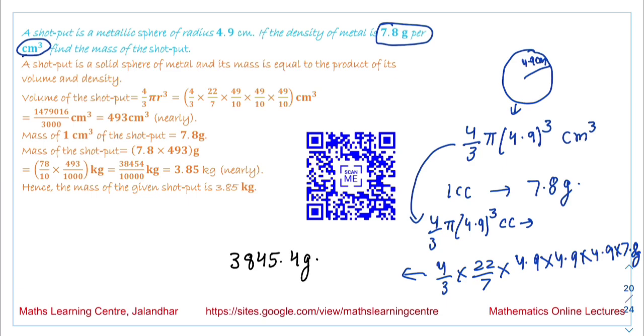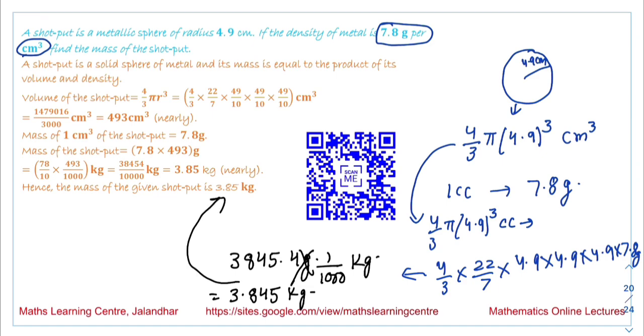When we convert grams to kg, we divide by 1000, so it is 3.845 kg. So the mass of this shot put is 3.85 kg.